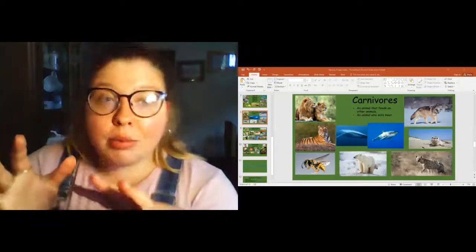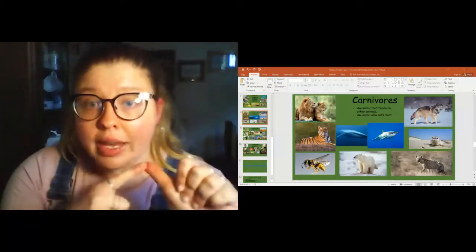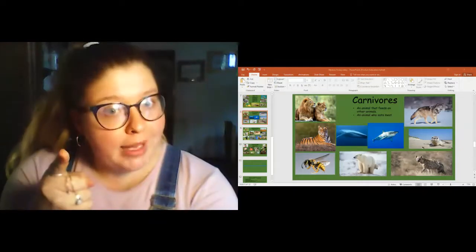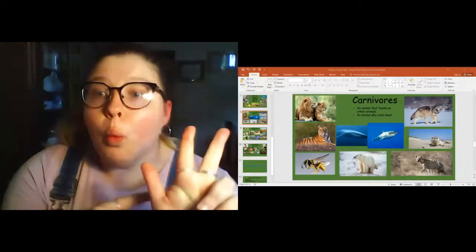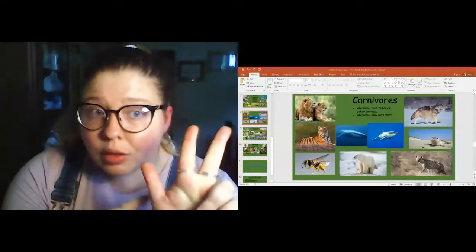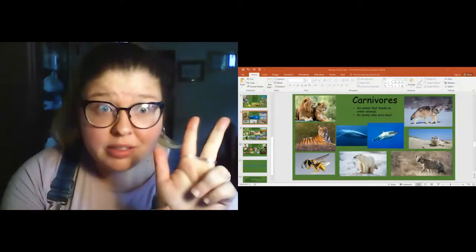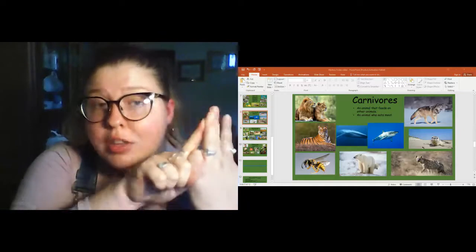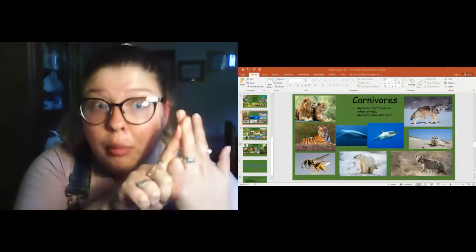So animals that are carnivores in the pictures around are lions, tigers, but not bears. So lions, tigers, wasps. Wasps are carnivores, and they even eat other wasps. Okay, polar bears are carnivores. They're actually one of the few bears that will only eat meat.